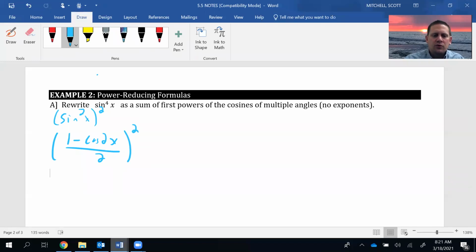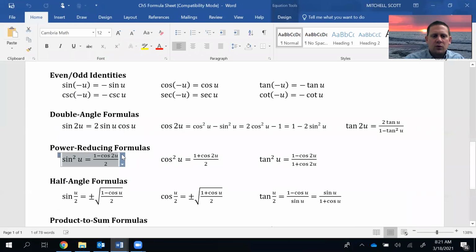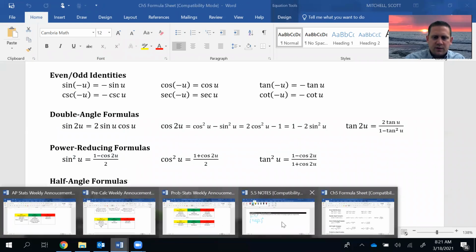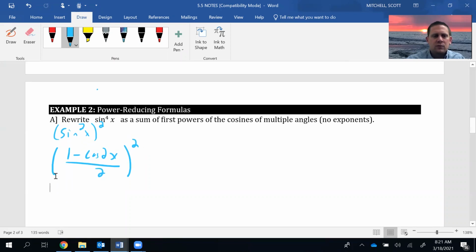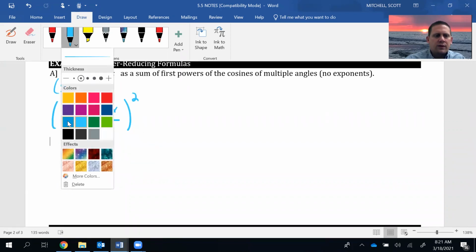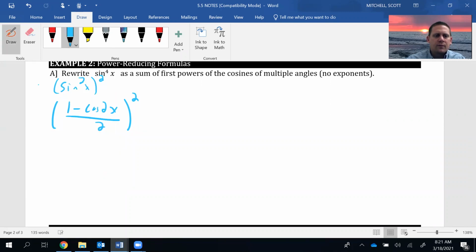Okay, again, we're using this formula here, and we're going to actually use it a couple times. So we have to do a little bit of simplifying now. So be careful. You can't just square the terms here. So what we have to do is write this out twice. And then we're going to have to do FOIL.